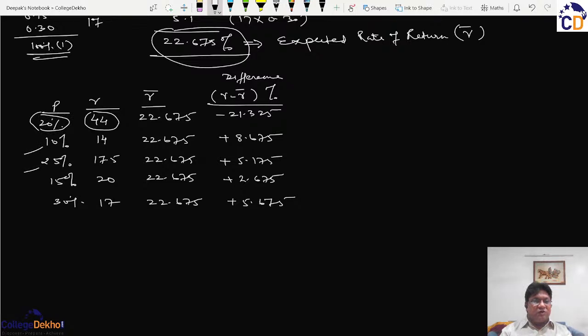So if you see here, this very high percentage return, though with low probability, is causing a positive shift towards the expected returns. So what you are planning on your own and what you are anticipated to get is getting into positive figures because of this high return which has quite a substantial probability. So this in a way reduces the risk of the security, and this reduction may prompt investors to go for the returns because there is quite a high possibility of getting more than you anticipated.